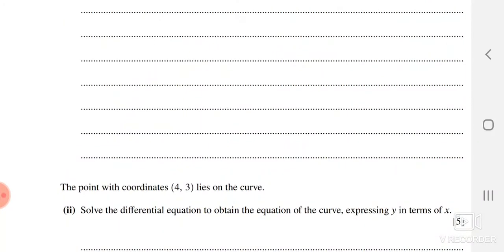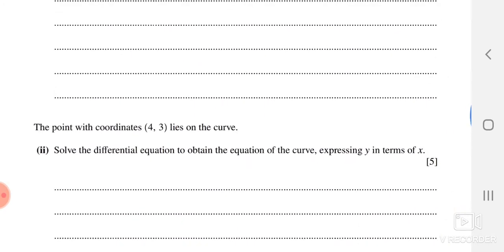You will take the given point and then find the constant value, and then give your answer as it is demanded in the question, expressing y in terms of x. So your y should be the subject of this equation. Okay, hopefully you understand this question.